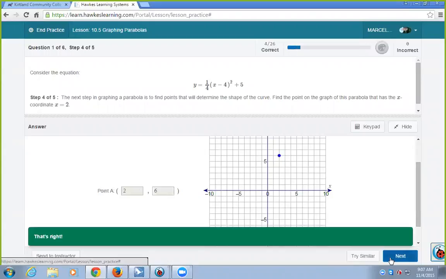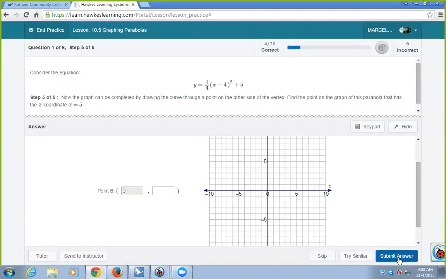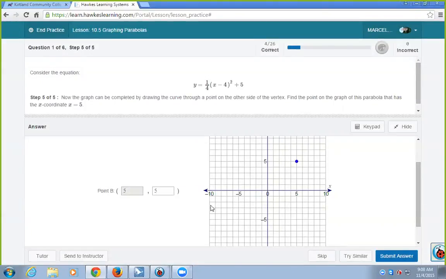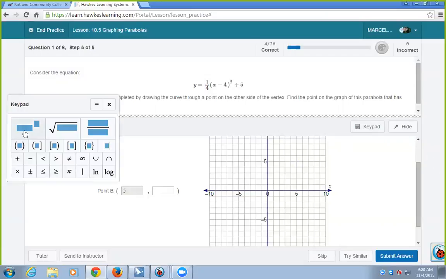Submit your answer. And then if we go to the next one, it asks us for 5. So 5 minus 4 is 1. 1 squared is 1. 1/4 times 1 is a quarter. So then I would have to take a quarter plus 5, or 5.25. I think it'll let you put that in there. Whoops, nope, it won't. So let's back it up here. And we need to go to a fraction. And so 5 times 4 is 20, so we want 21/4.